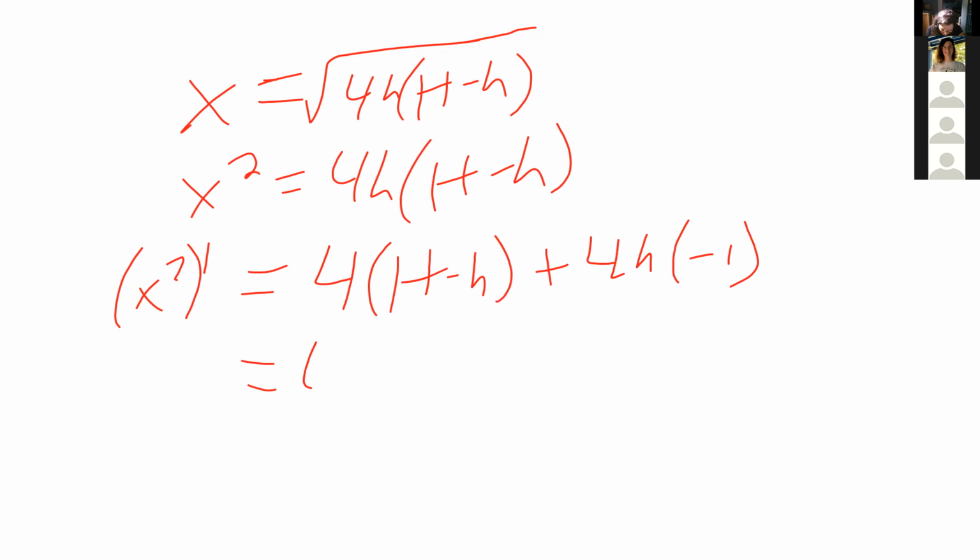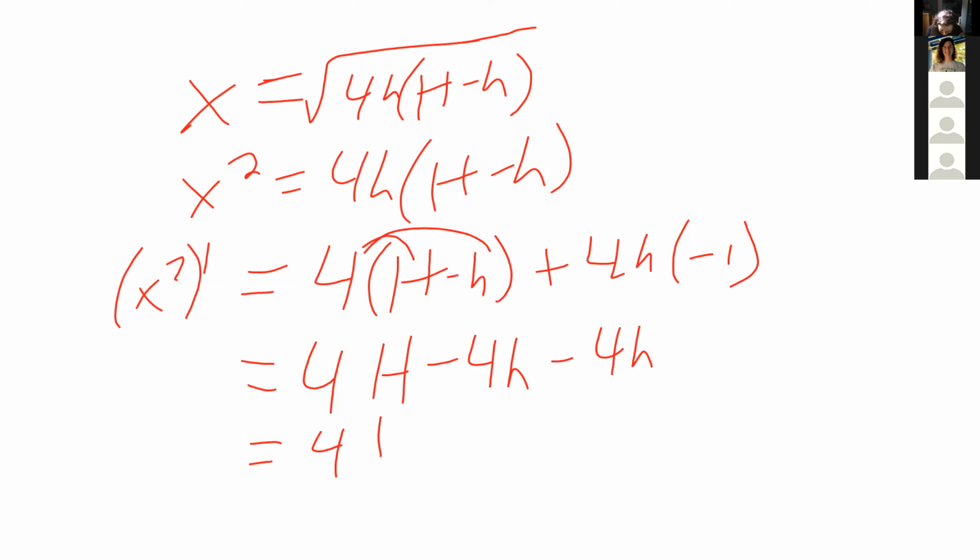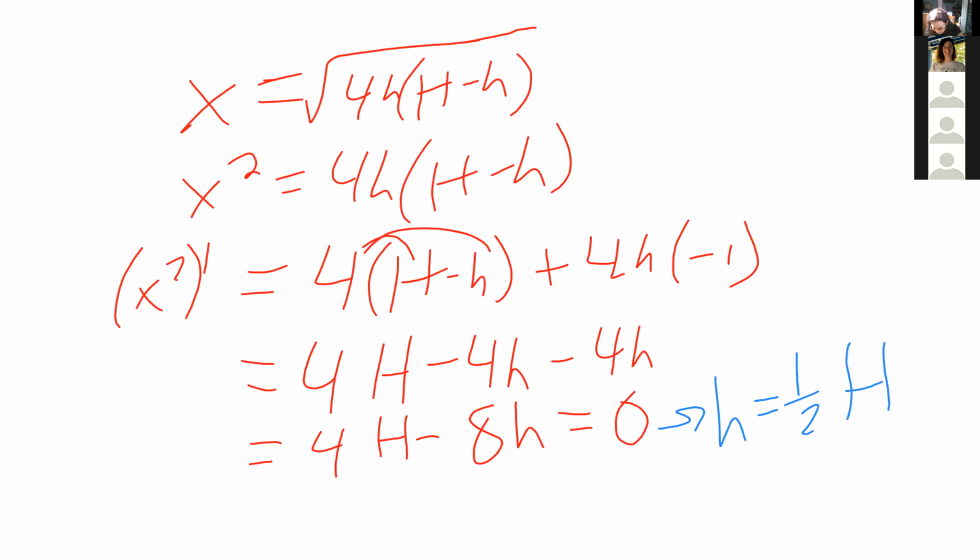I've just distributed here, minus 4 little h. And this will give me 4 big H minus 8 little h. And ultimately, I wanted to set this equal to 0. And if I do, I solve for a little h that is equal to 1/2 of the entire height.